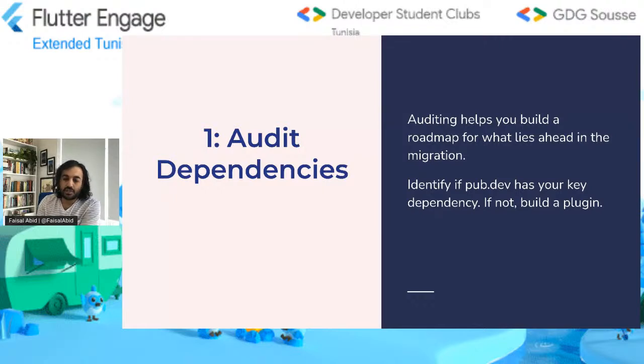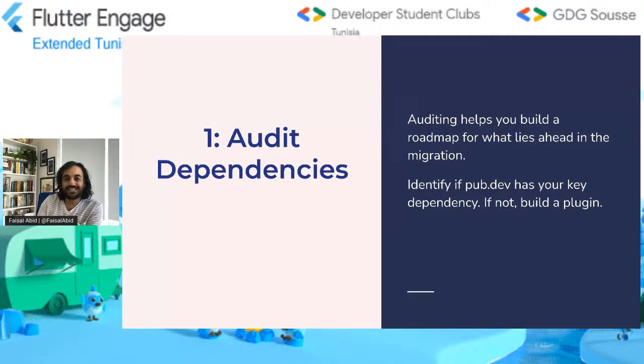So your application is using GPS along with some third-party SDK that whenever a user walks into a store, the app emits saying, hey, Faisal just walked into this pharmacy. Faisal just walked into this grocery store, right? Or this flower shop. Now, that SDK might not exist on Flutter, right?